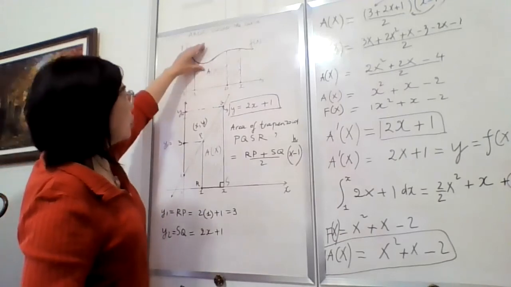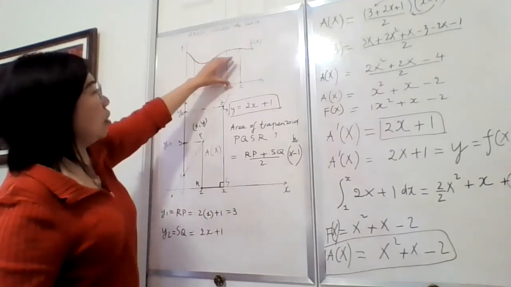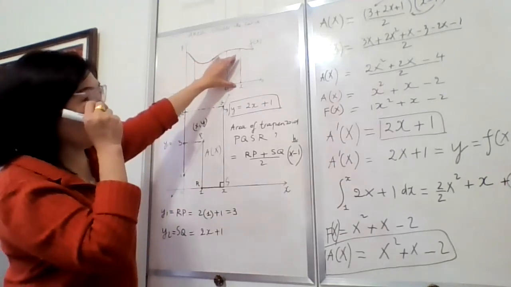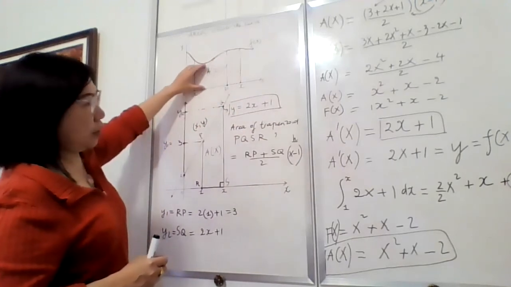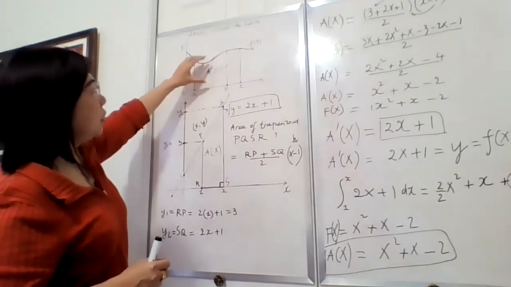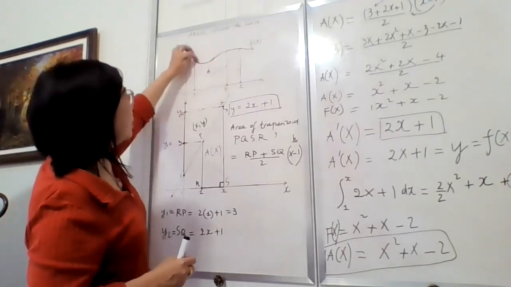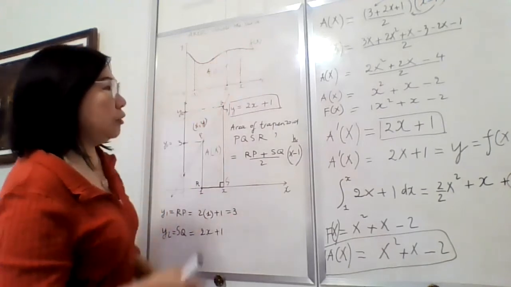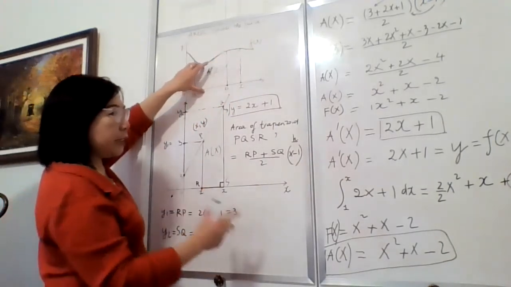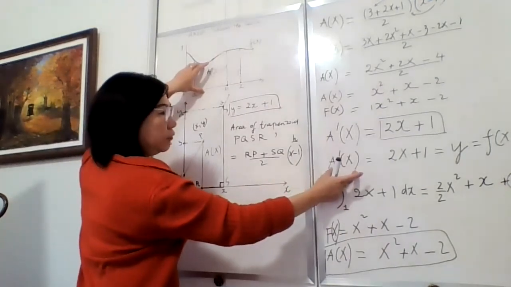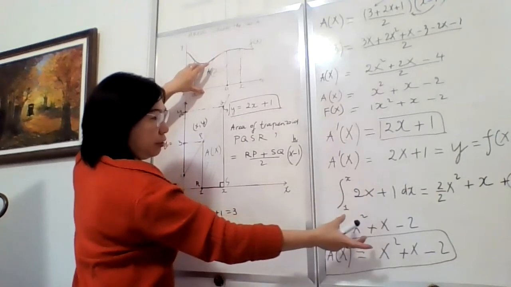To find the original function, we take the derivative of the area function under the curve. So the derivative of the area function under the curve is the curve itself. And to find the area under the curve, we have to do the antiderivative of that function so that we get the area function.